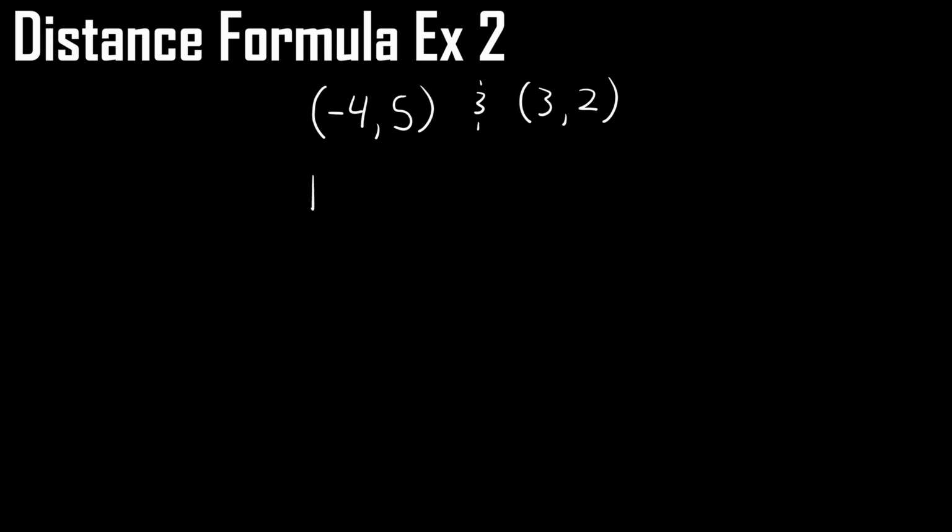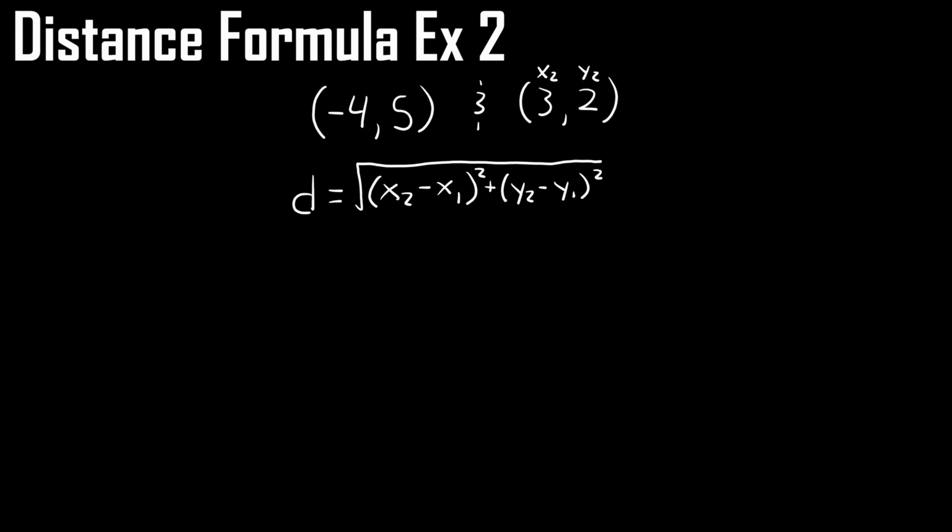So the formula is D equals the square root of x2 minus x1 plus y2 minus y1, both squared. So let's plug in our points. So we have x2, y2, x1, y1.